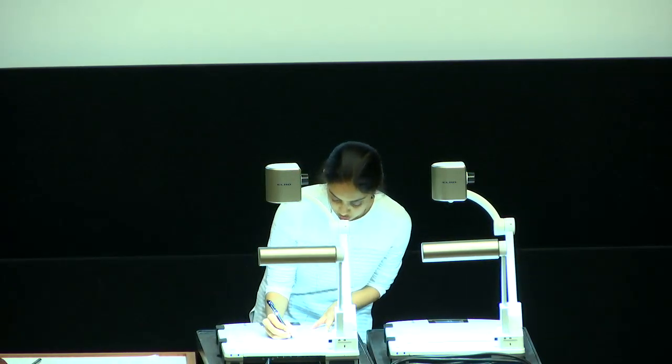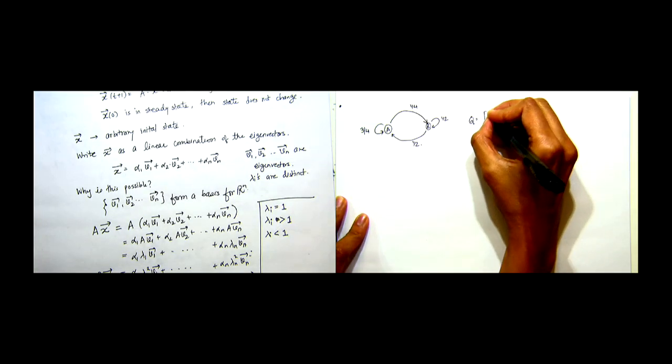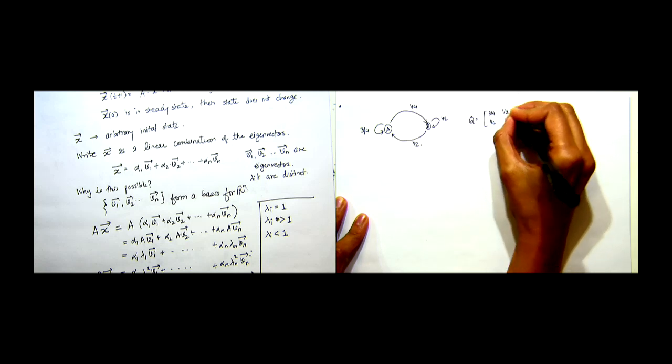Let's say we have this system of websites or system of pumps or transferring energy, and we want to understand this. So we can write out the transition matrix for this as 3/4, 1/4, 1/2, 1/2.